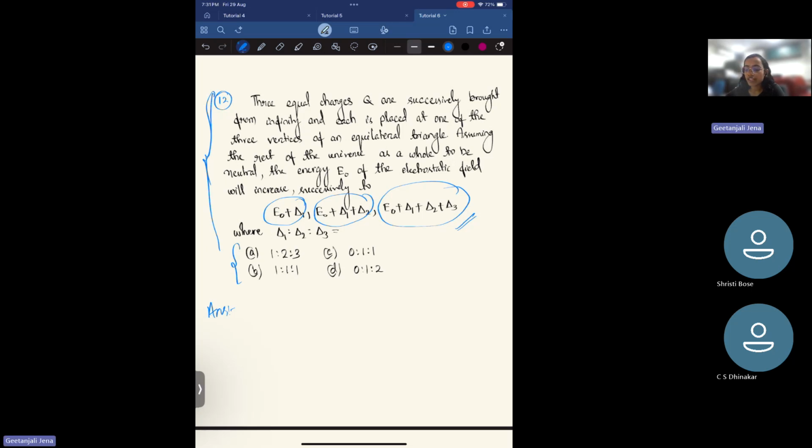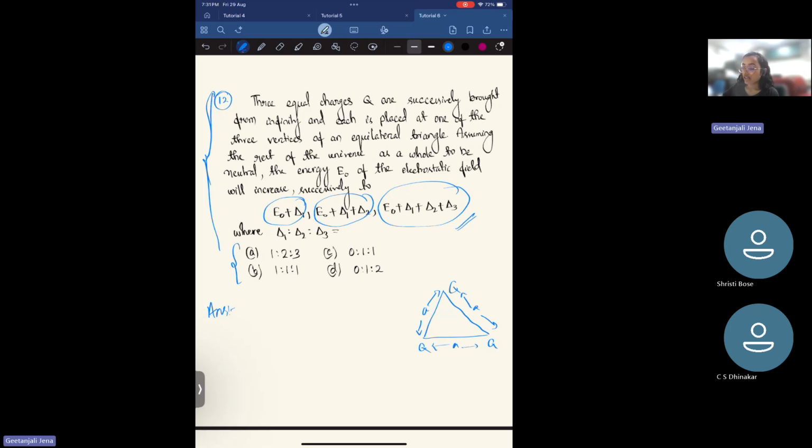Okay, so it's already given: these are placed at the vertices of an equilateral triangle. Distances are the same. Answer is quite easy.